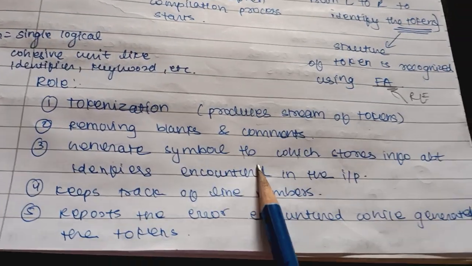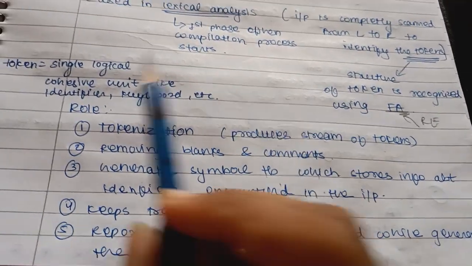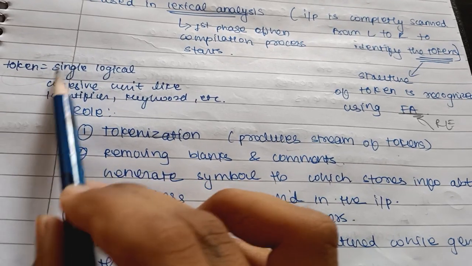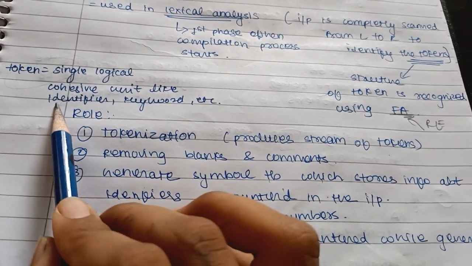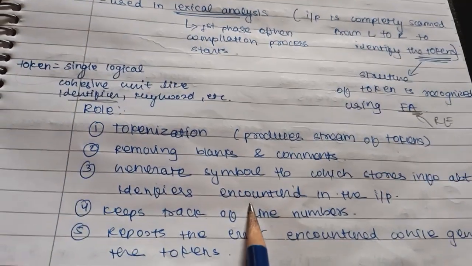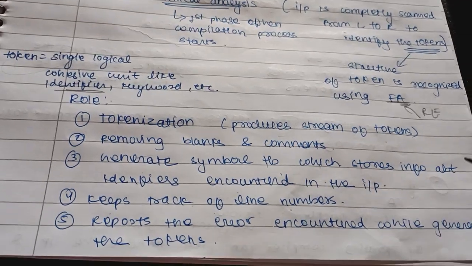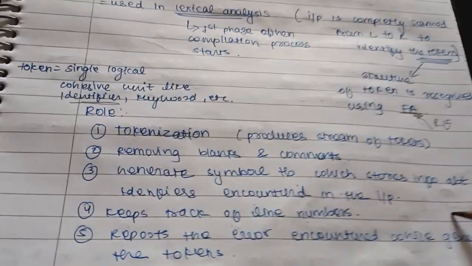Then it generates a symbol table which stores the information about the identifiers encountered in the input. Whatever tokens are identified, all the identifiers are stored in the symbol table. Then it keeps track of the line numbers, that is on which line the token is generated.